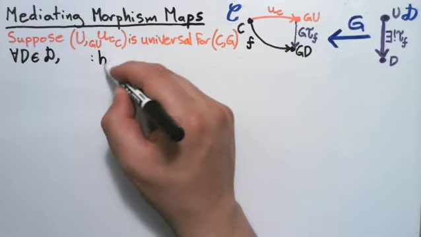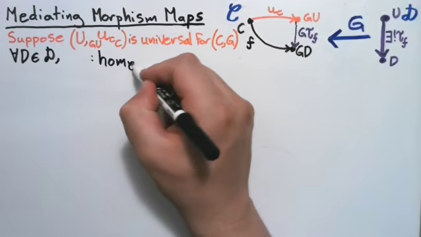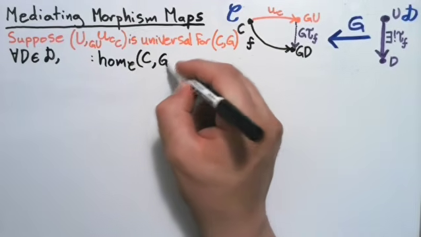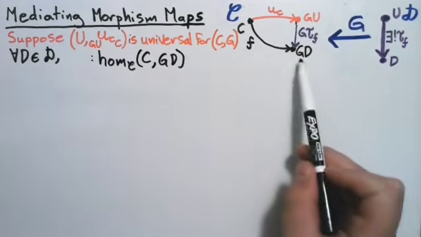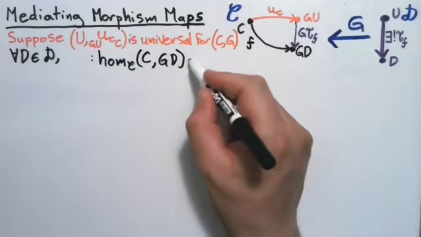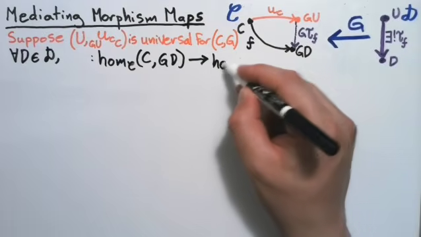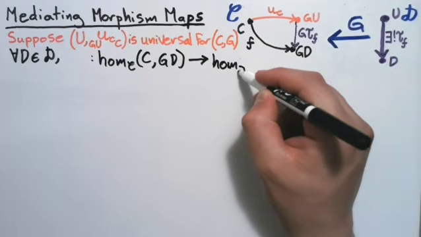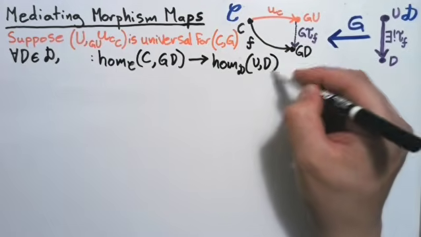They're morphisms in the hom-set in the category C from C into G of D. And we're mapping these morphisms, such as f, into morphisms in the category D in the hom-set going from U into D.